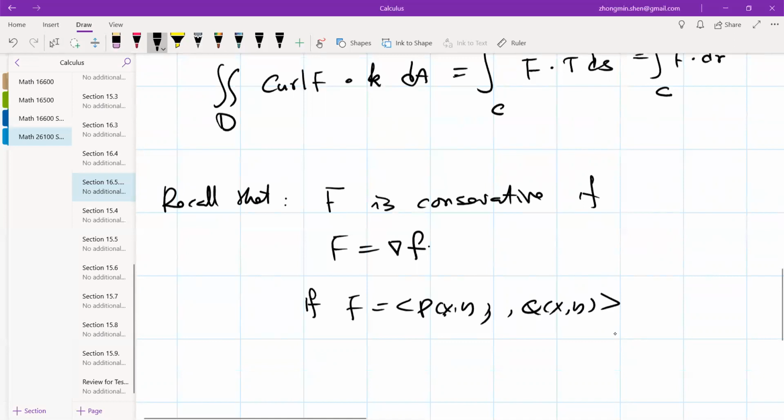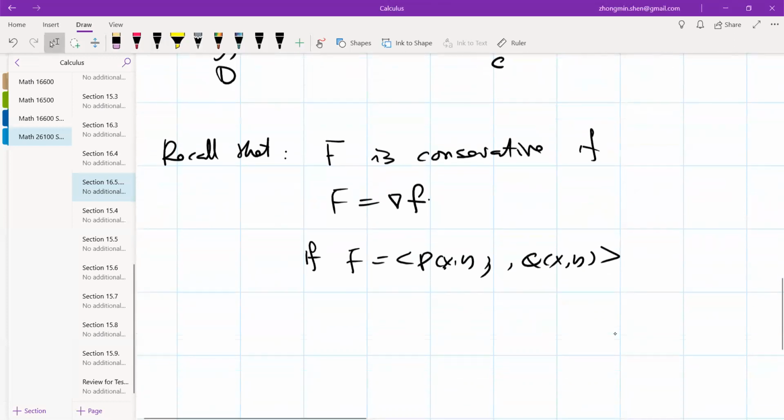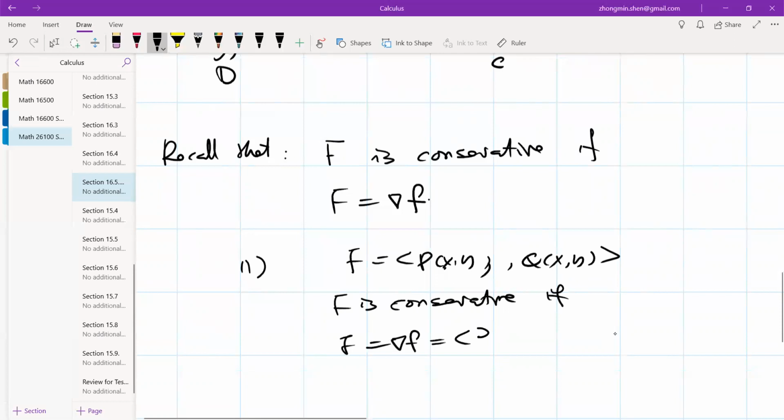So this is the first case, where F is a vector field in the plane. Then F is conservative if F is the gradient of f, with P the partial derivative of f with respect to x.